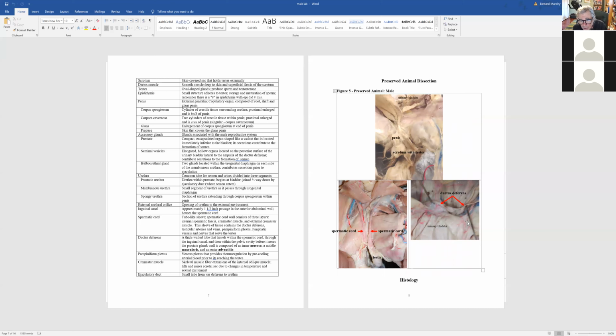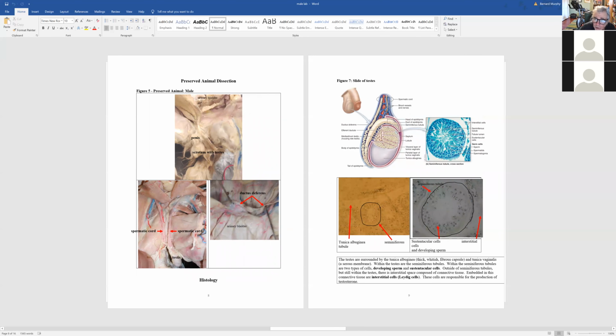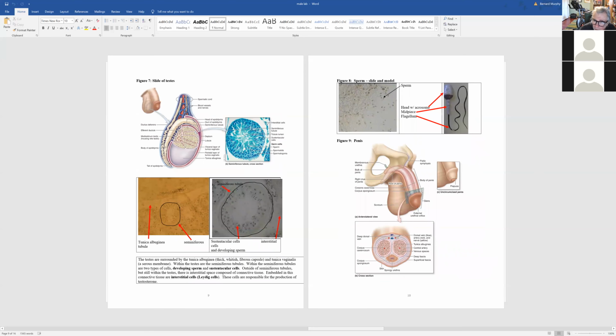So it's really just a ductus deferens, a scrotum, or a testis in the male cat. I don't dissect out the penis or anything else. And here's some slides. I'm not going to do any slides.